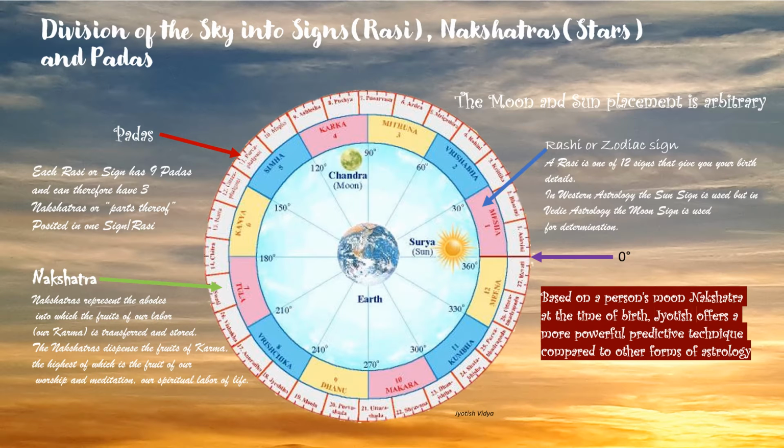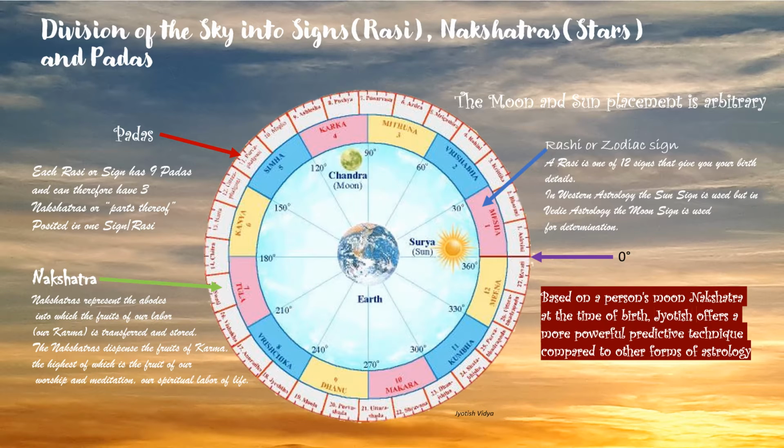Feedback from my videos indicated that persons who are new to Vedic astrology were not too aware of some of the terms or the words being used in my video, and one of the terms was nakshatra. And this is just an explanation for you. When you look at the division of the sky, the constellations, we are aware that there are 12 signs starting from Aries to Pisces.